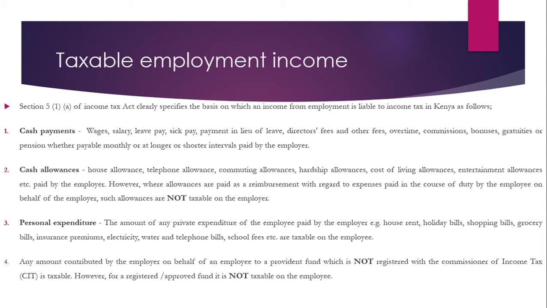Personal expenditure, meaning the amount of any private expenditure of an employee paid by the employer, e.g., house rent, holiday bills, shopping bills, grocery bills, insurance premiums, electricity, water, and telephone bills, school fees, etc., is taxable on the employee.